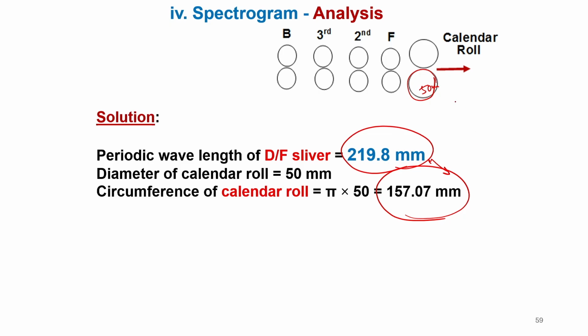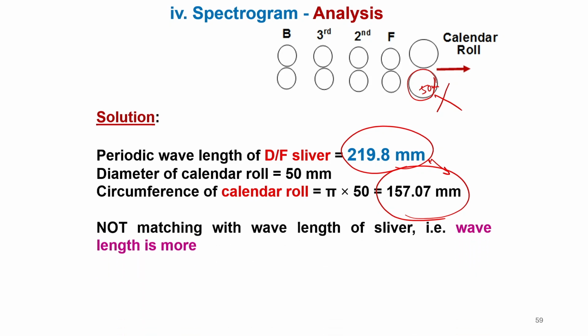The wavelength is more than that, so the calendar roller is eliminated as the defective one.